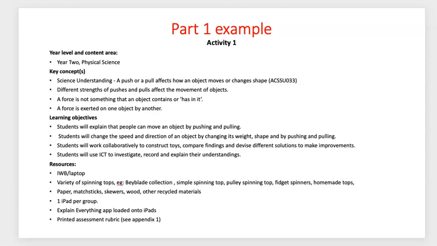I would expect that you probably reference that correctly too, which I haven't. I've also put a few more in about different strengths of pushes and pulls affect the movement of objects. A force is not something that an object contains or has in it, and a force is exerted on one object by another. And these are the key concepts that my 2 lessons are going to be looking at developing.